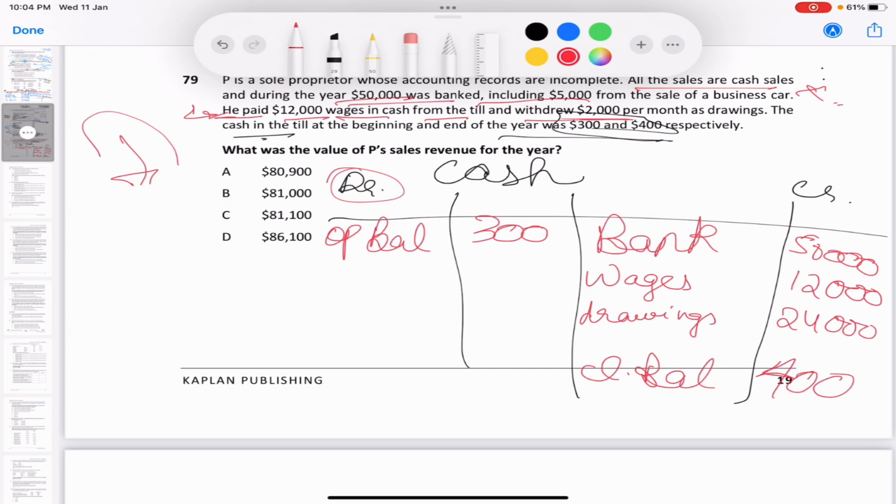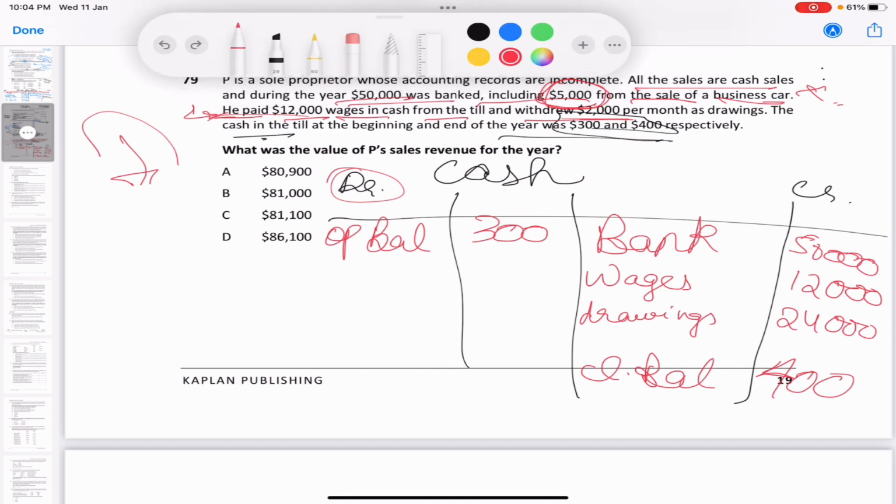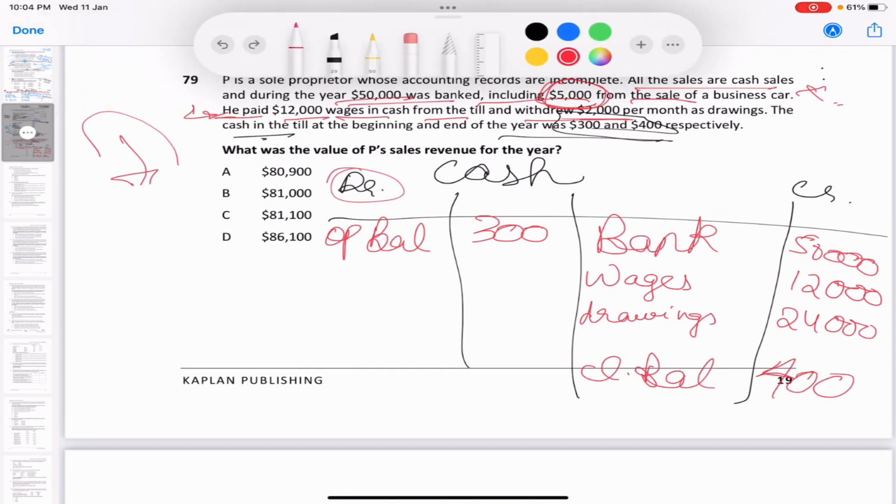Okay. Now, what am I missing? Think about it. 5,000 sale of a business car. This is also something which needs to be mentioned. Even though it is included, you need to keep in mind that before putting it in the bank, you need to mention that you have received it in cash at some point, right? That should also be mentioned. So cash to proceeds, which would be 5,000.